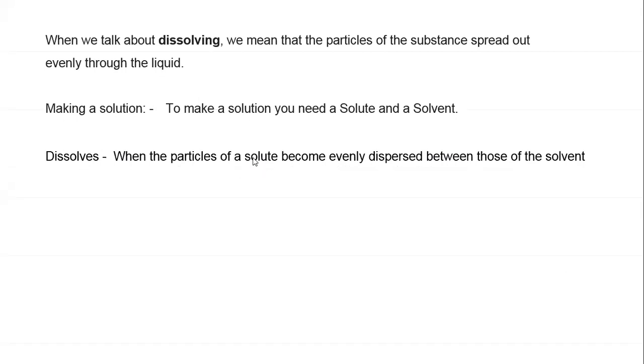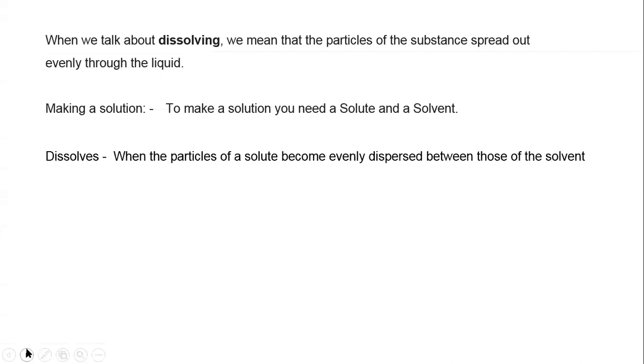So the particles of the solute, meaning the sugar, disperse in the solvent, and the solvent is the water. Now we have a solution, and the solution is made up of the solute and the solvent, and when it dissolves, we say it becomes evenly dispersed.